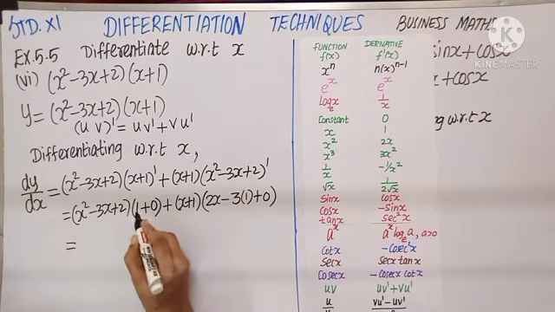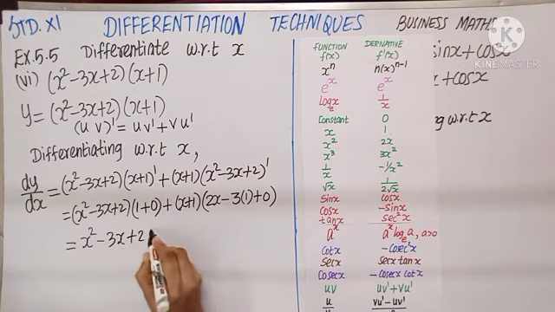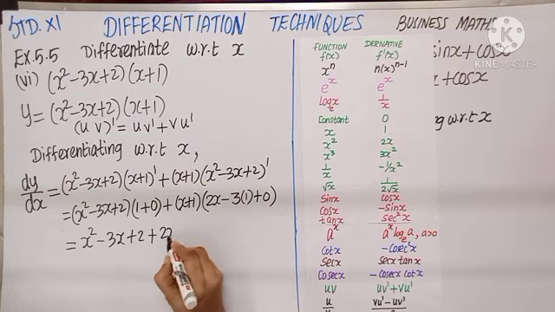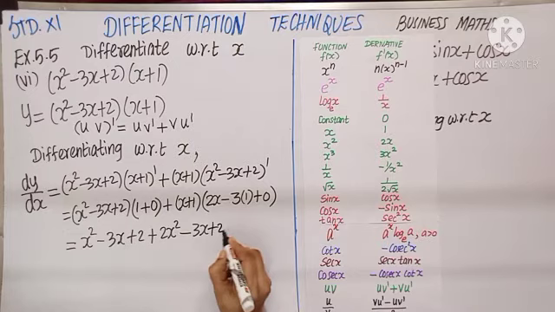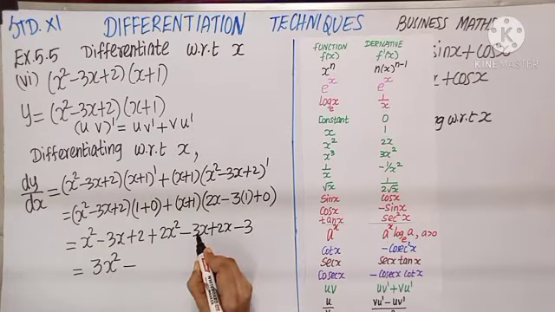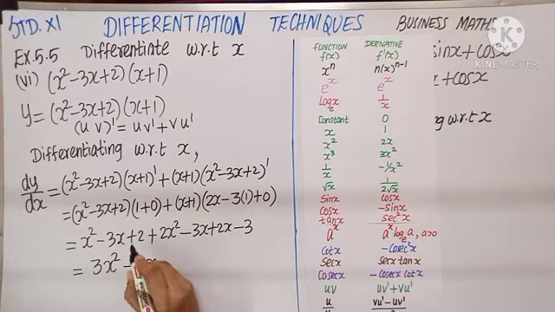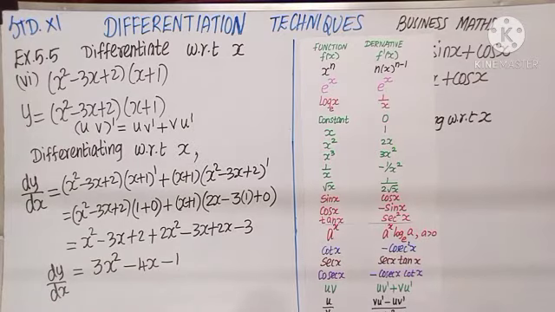Just multiply 1 into, so it is the same term, plus x into 2x, x into 3, 1 into 2x, 1 into 3. Simplifying, 2x square plus x square, 3x square, minus 3x minus 3x minus 6x plus 2x minus 4x. 2 minus 3 is minus 1, and this is the answer for dy by dx.